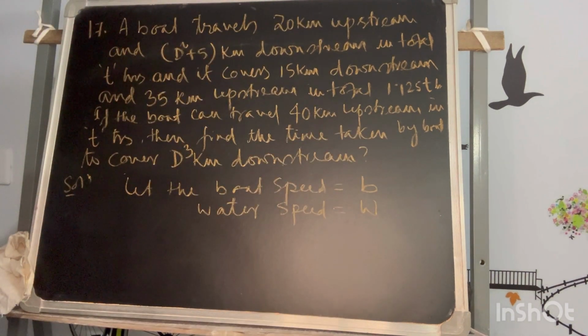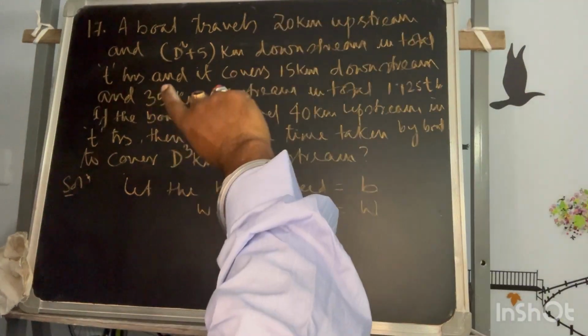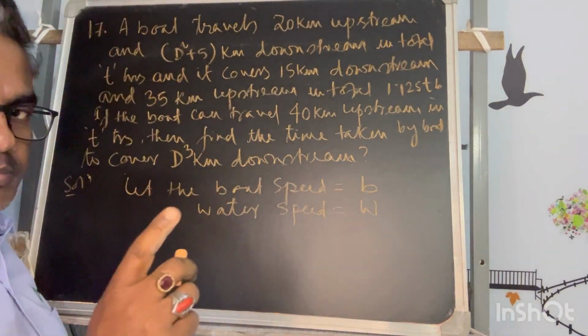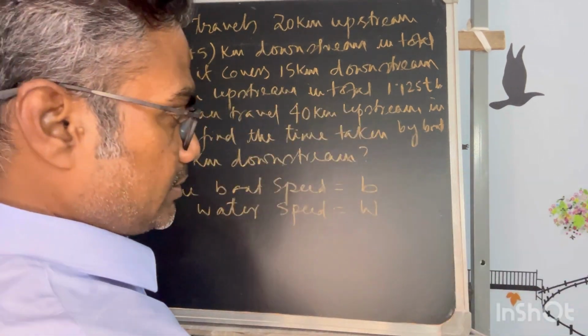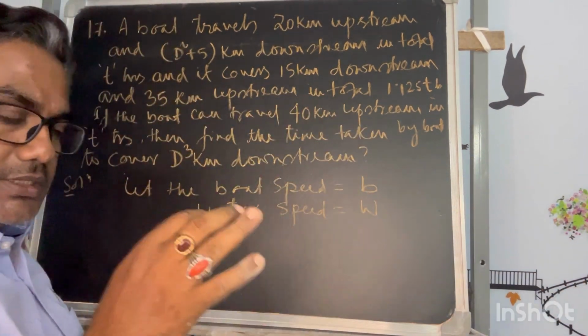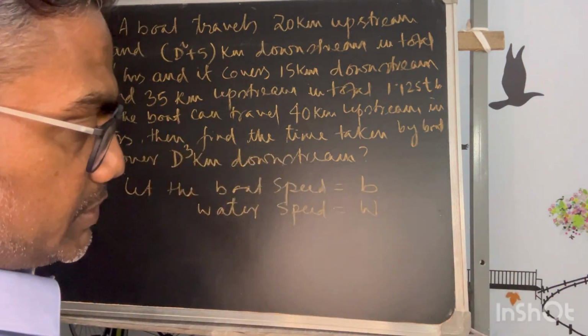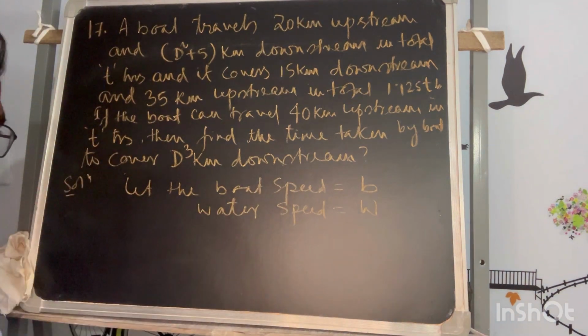So the boat travels 20 kilometers upstream and this many kilometers downstream. As I have already explained in an earlier problem, upstream means the boat is facing some resistance, so it takes longer time.